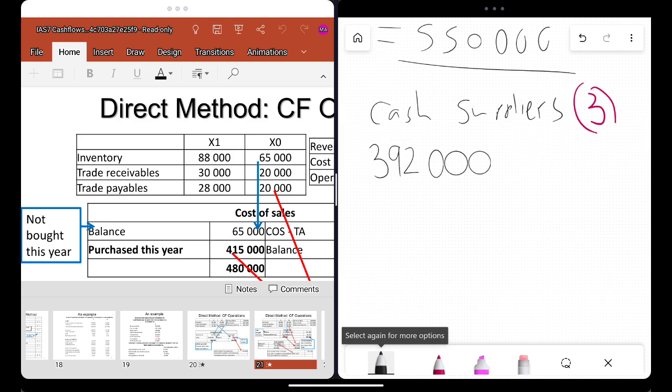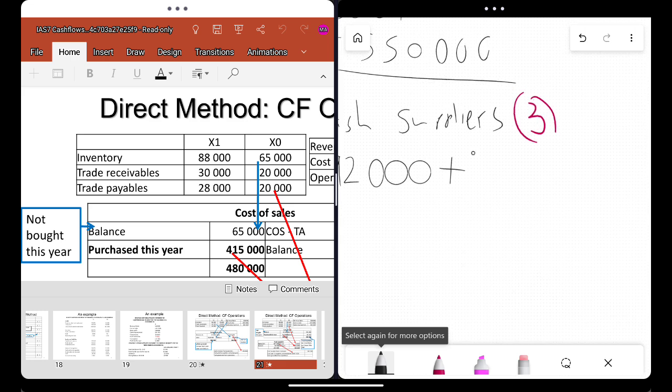So add the amount it increased by. 88,000 minus 65,000, don't worry, my math skills are not that good, is 23,000. So you bought 23,000 more worth of goods. Add 23,000 to that figure of 392,000. Then we're done with the inventory component.